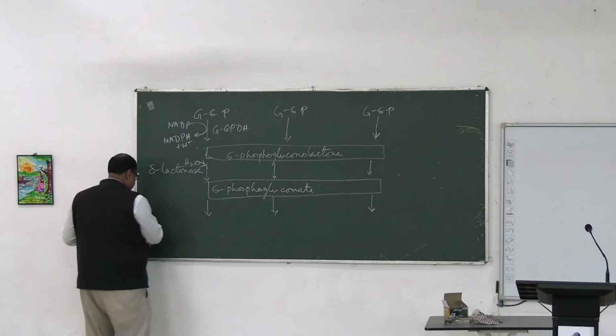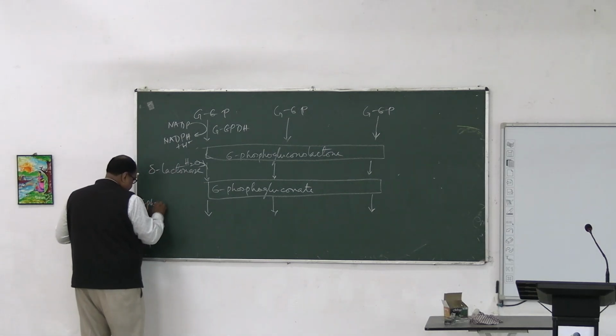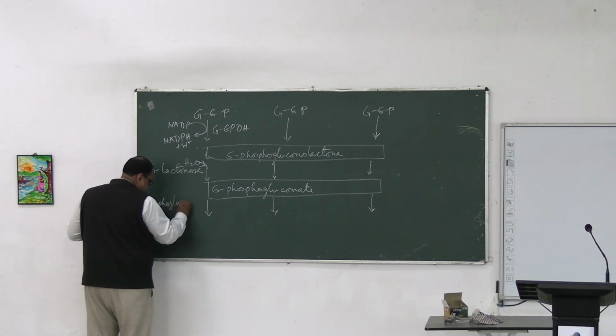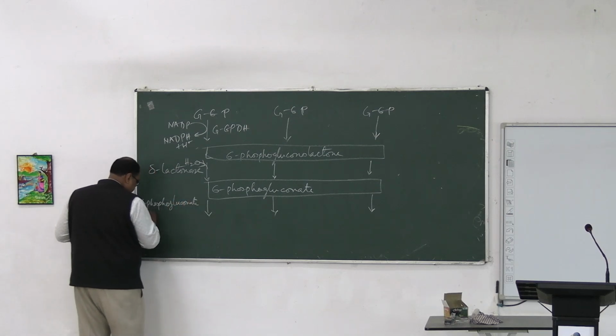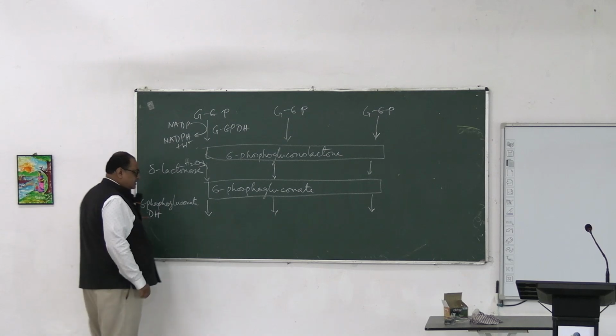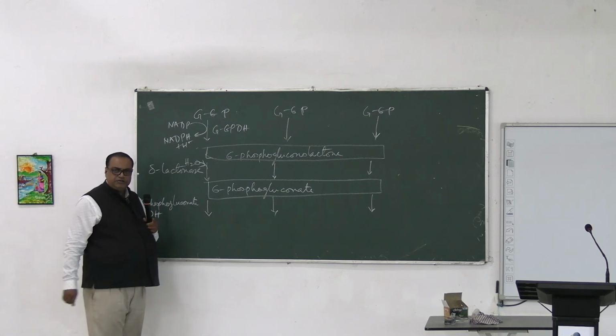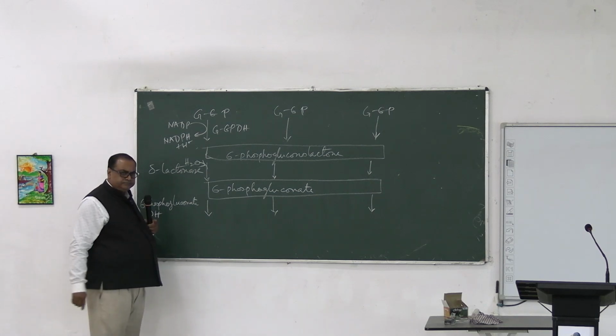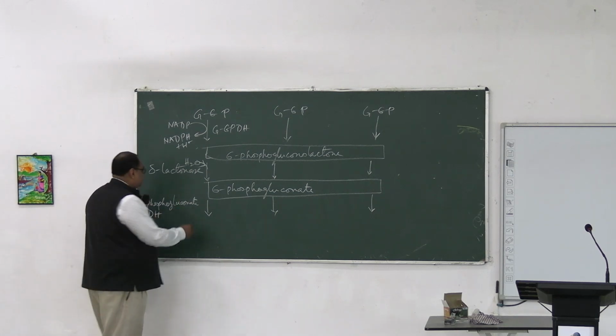So the enzyme is 6-phosphogluconate dehydrogenase. As I told, this is the same thing like the first one.